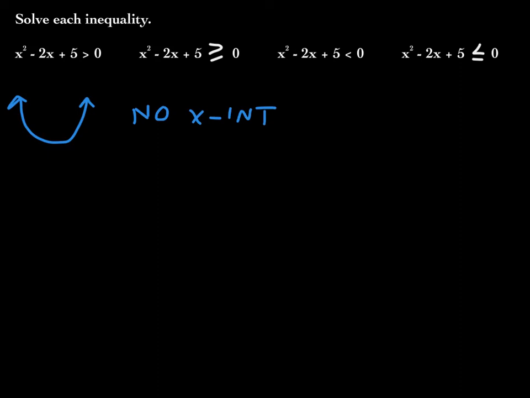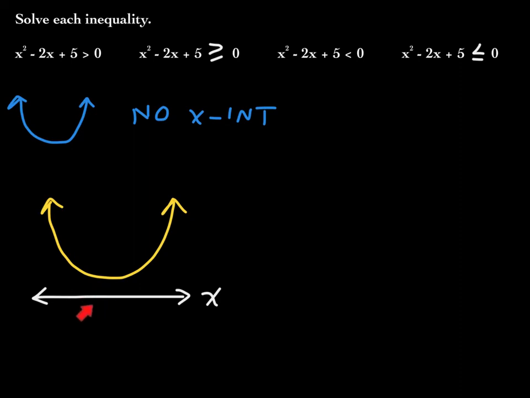So, with those two pieces of information, we must understand that if this is the x-axis, the parabola that we're considering looks something like this. It's going upward, and it's never, ever touching the x-axis.